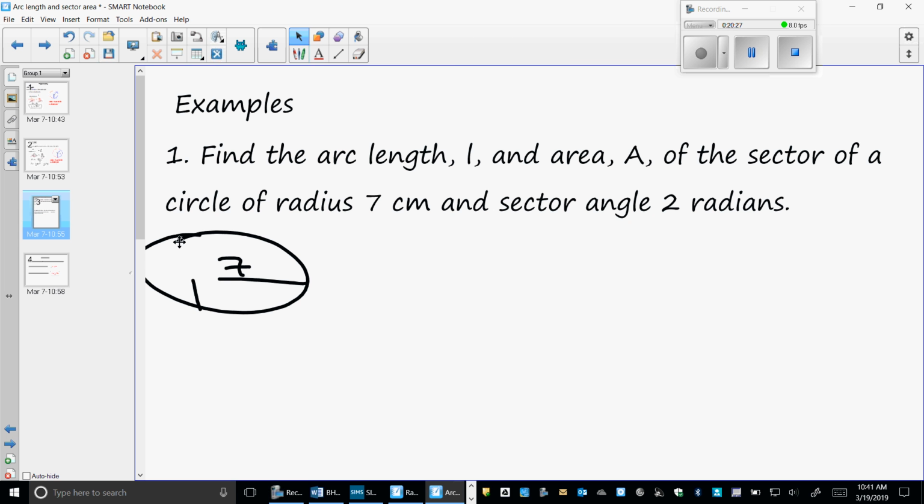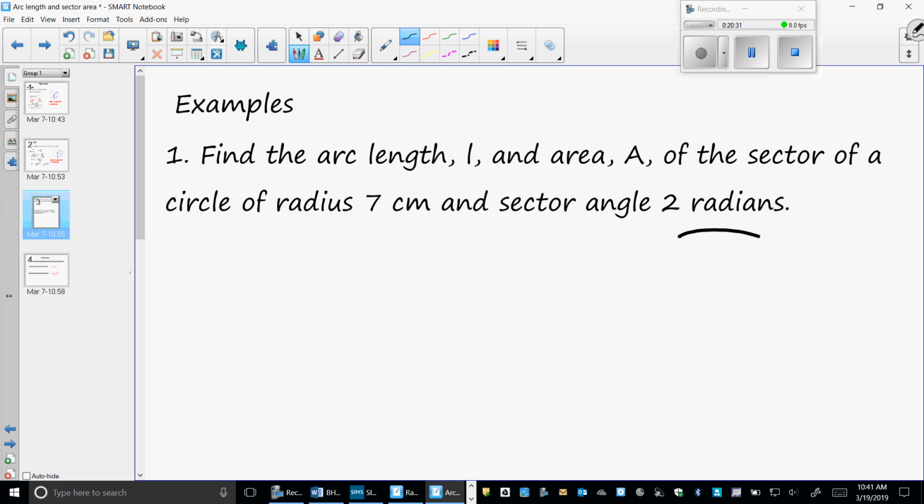Maybe I can draw it over here. Ignore that. So I've got radius 7 and the angle is 2.